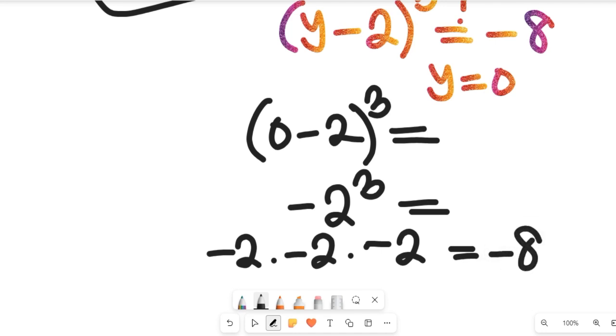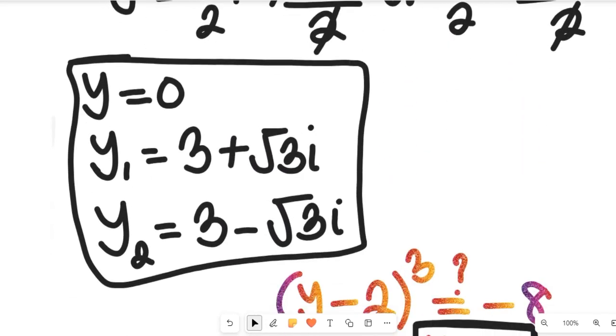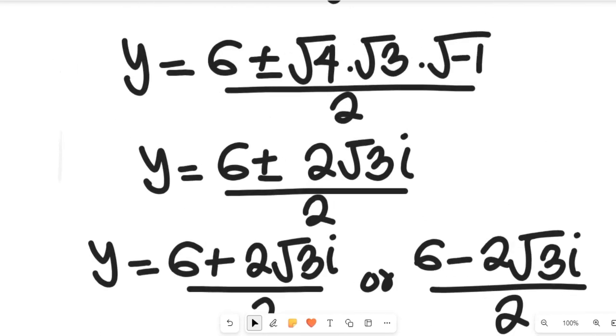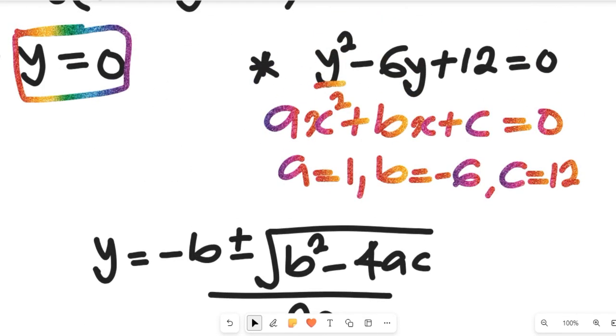So you see, negative 8 on the left hand side is equal to negative 8 on the right hand side. So that tells us that y equal to 0 is the real solution to that expression that is given to us. The other two are imaginary solutions for the value of y.